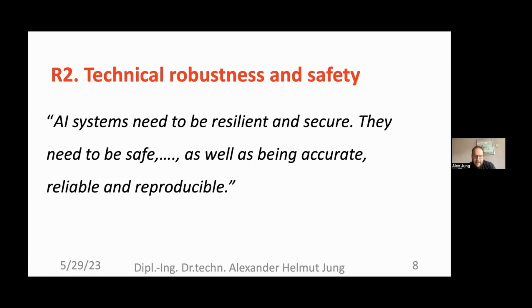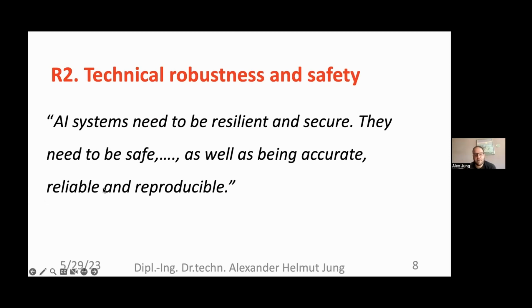The second requirement is technical robustness and safety. Here it states AI systems need to be resilient and secure. They need to be safe, as well as being accurate, reliable, and reproducible. So this accuracy might not be so strange to you. We want high accuracy, or minimize error rates. So this is reasonable.